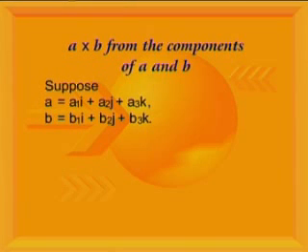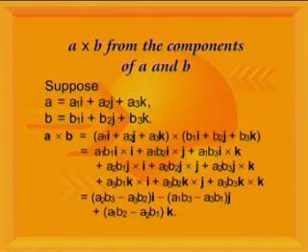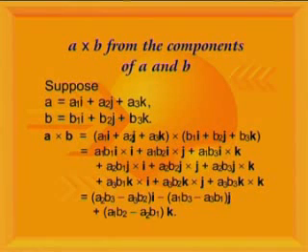A is a vector equal to a1 i plus a2 j plus a3 k, and B is a vector equal to b1 i plus b2 j plus b3 k. So for A cross B, you will find this product, and this is a heavy calculation using those laws which we have just defined: i cross i is equal to 0, j cross j is equal to 0, k cross k is equal to 0, i cross j will be equal to k, or j cross i is equal to minus k.